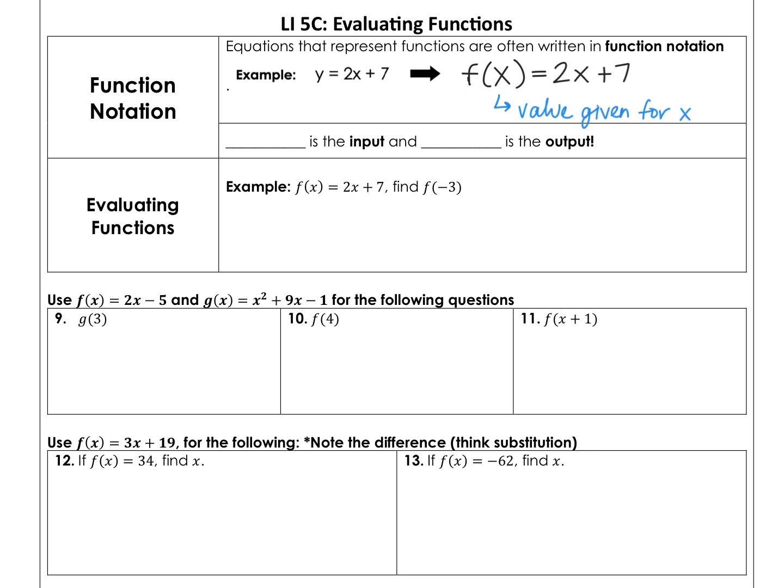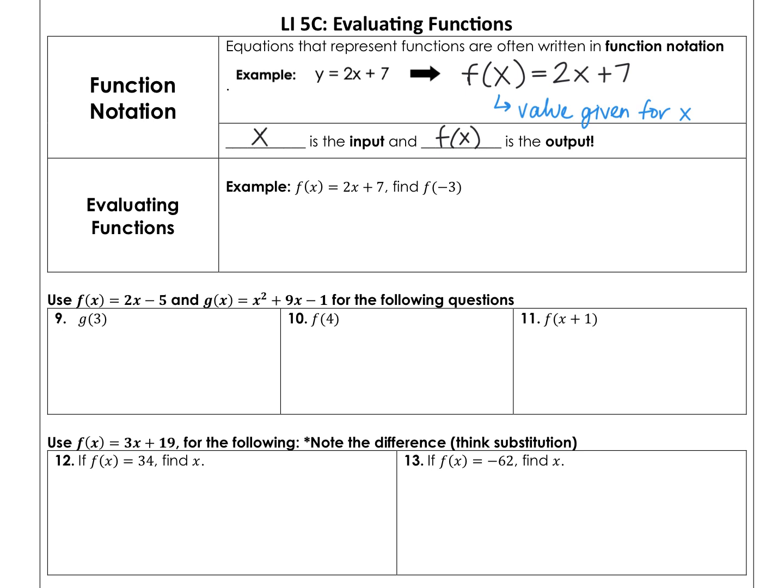If I put something in that spot, I'm telling you to input something for x throughout the equation. The x is the input. The f of x is the output. F of x, remember, is just another way to say y, or the output value.